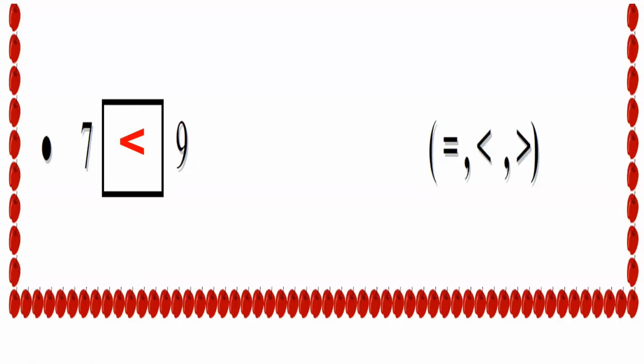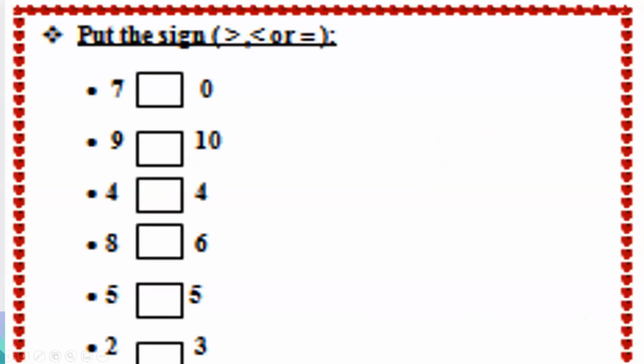Let's solve some examples about it. Let's compare these numbers. We have 7 and 0. Which sign I should put? Bigger than or smaller than or equal?